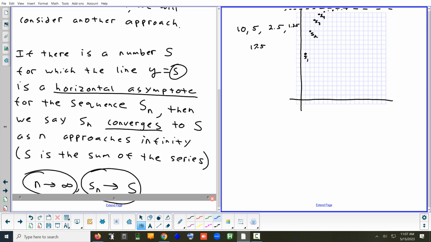So any question on that idea? Looking at those partial sums approaching an asymptote. Yeah. Is the asymptote always an integer? Oh, is it? No, it doesn't have to be. No, it could be a decimal. Like let's say I started off with the number 5.5, and I took 1/3 of that number each time.